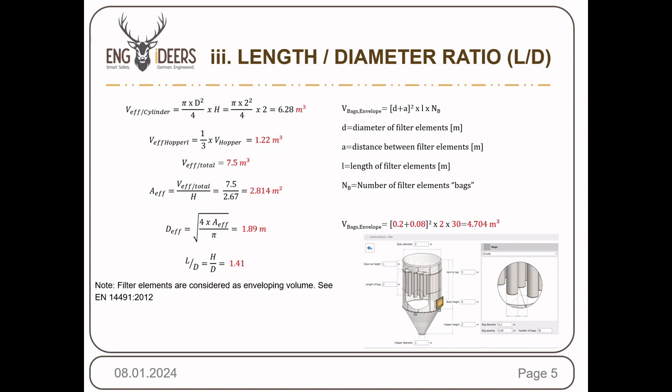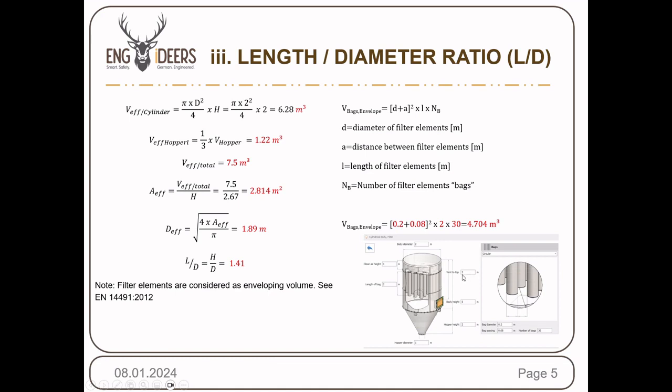With the effective volume, you can calculate the effective area, which is the effective volume divided by the height, or basically the length or the way the flame could travel, which is in this case from the bottom of the conical part until the upper section of the relief panel.